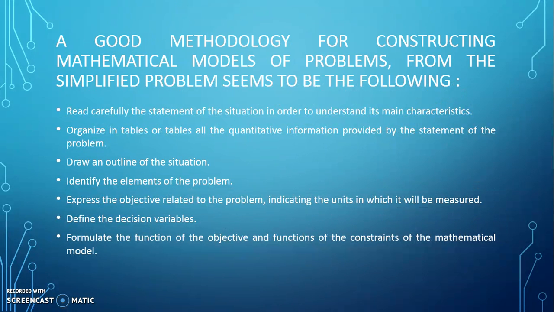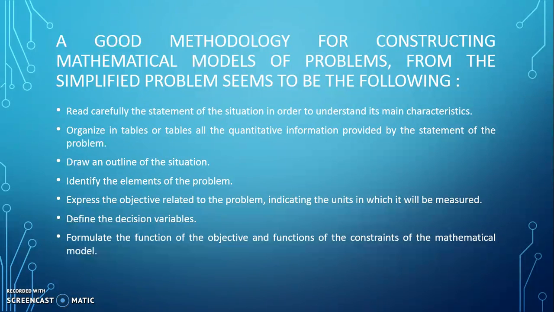A good methodology for constructing mathematical models of a problem from the simplified problem seems to be the following. Read carefully the statement of the situation in order to understand its main characteristics. Organize in tables all the quantitative information provided by the statement of the problem.